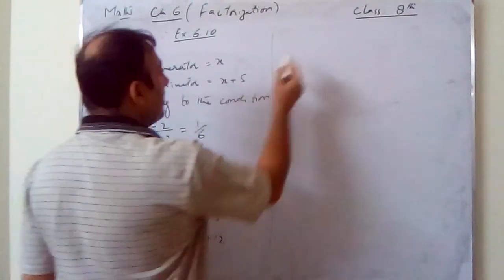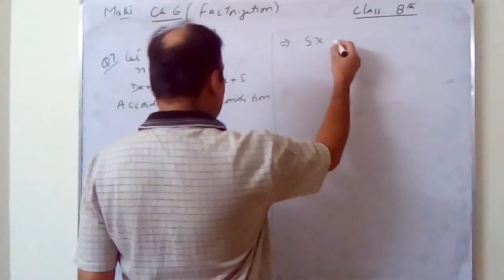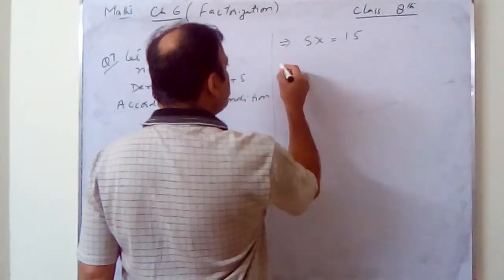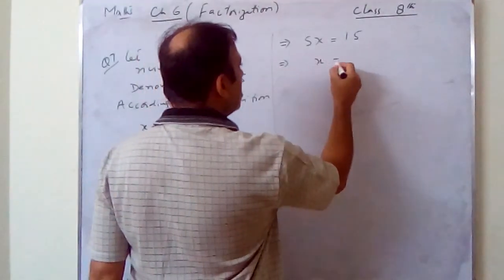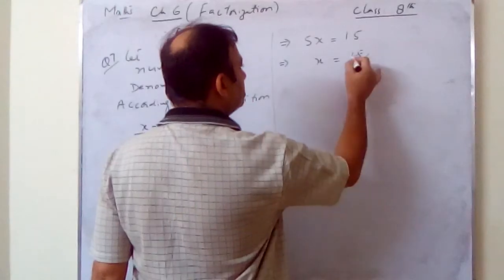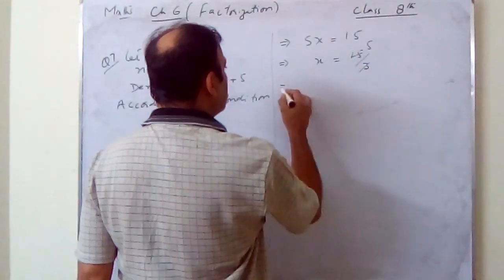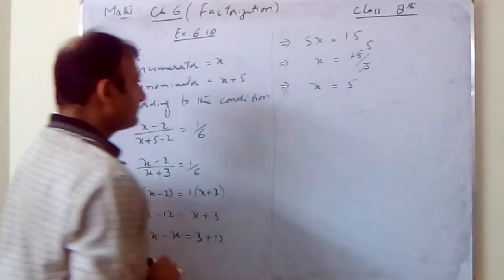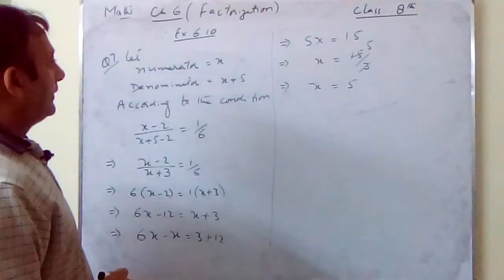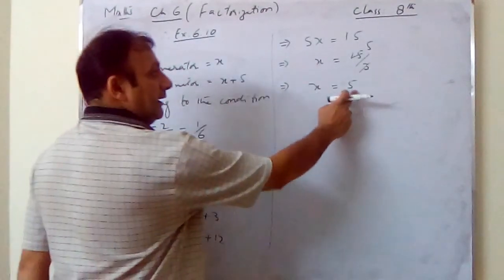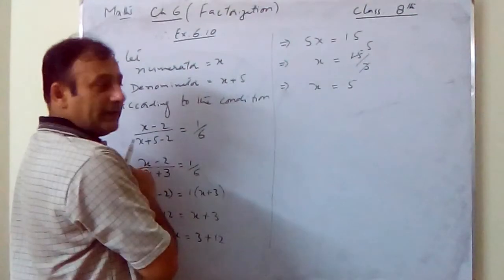So we have 5x is equal to 15, x is equal to 15 by 5, x is equal to 3. What is x? x is the numerator.